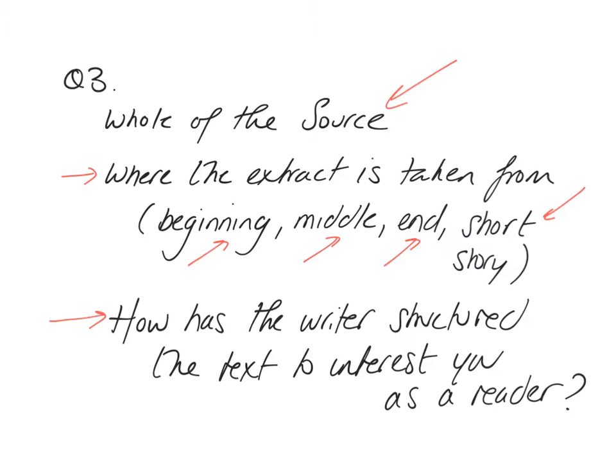Look at what it's prompting you to do. It says, okay, I want you to come up with ideas on structure. The writer has included ideas of structure, and how is it meant to engage the reader? So that's your cue to start looking for structure and the effect of those decisions the writer has made about the structure of it.